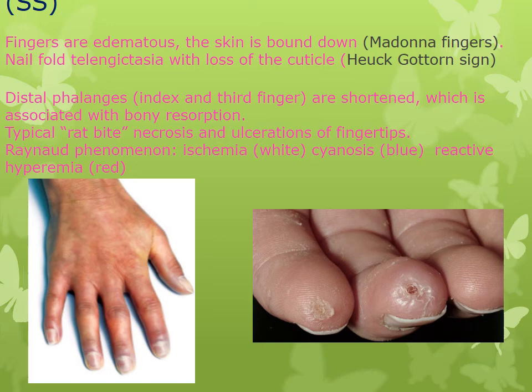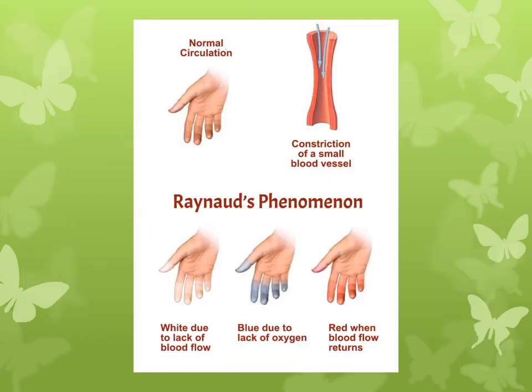Systemic sclerosis patients are likely to have Raynaud phenomenon, which is caused by vasoconstriction of the blood vessels of the hands. You might be able to see the three zones of color change that occur in Raynaud phenomenon. The white zone indicates ischemia, the blue indicates cyanosis, and the red indicates reactive hyperemia.